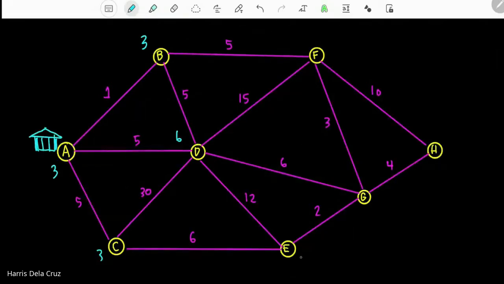Vertex E has 3. Vertex F has 4, vertex G has 4, and vertex H has 2. So all in all, we have 4 odd vertices: vertex A, vertex B, vertex C, and vertex E. The rest have even degree.